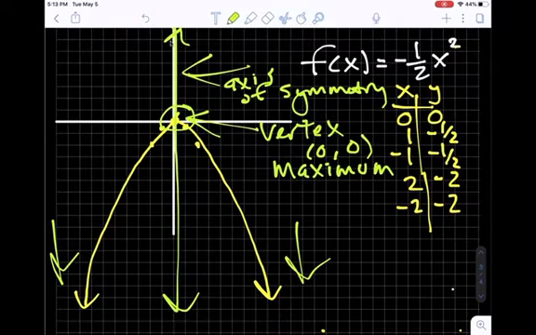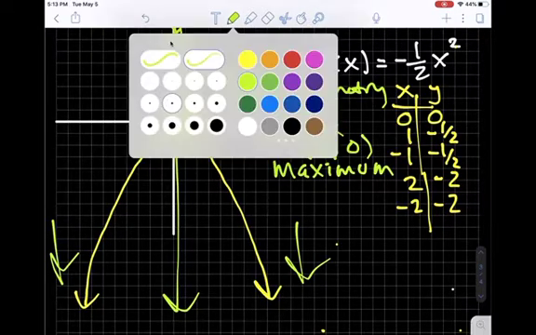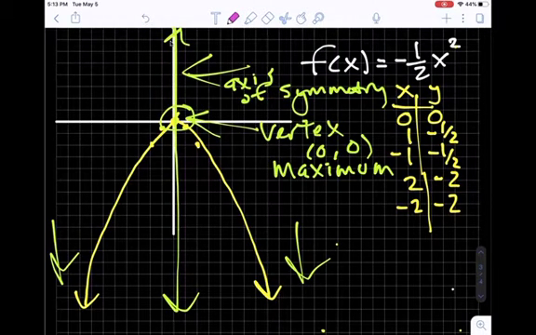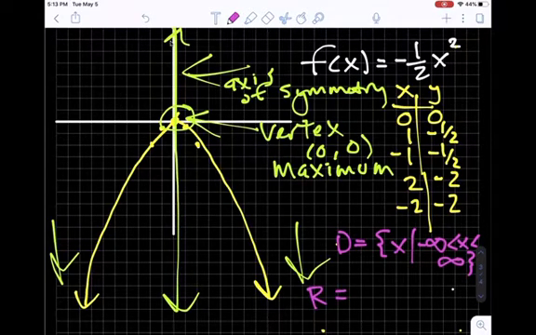Next, we have our domain and our range. Our domain is x, all the values from negative infinity to positive infinity. And then our range is y, which is going to be anything equal to 0 or less.